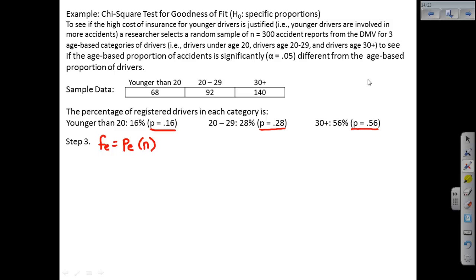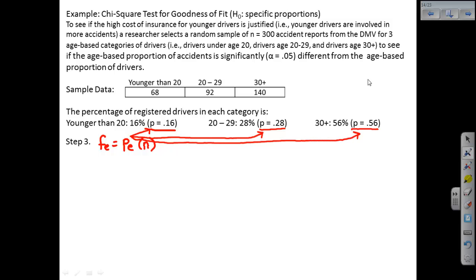And 0.56 is the proportion of accident havers over 30 that we would expect to have in our sample if they were equal to the proportion of drivers over 30 in the population. So these are all these PE values.